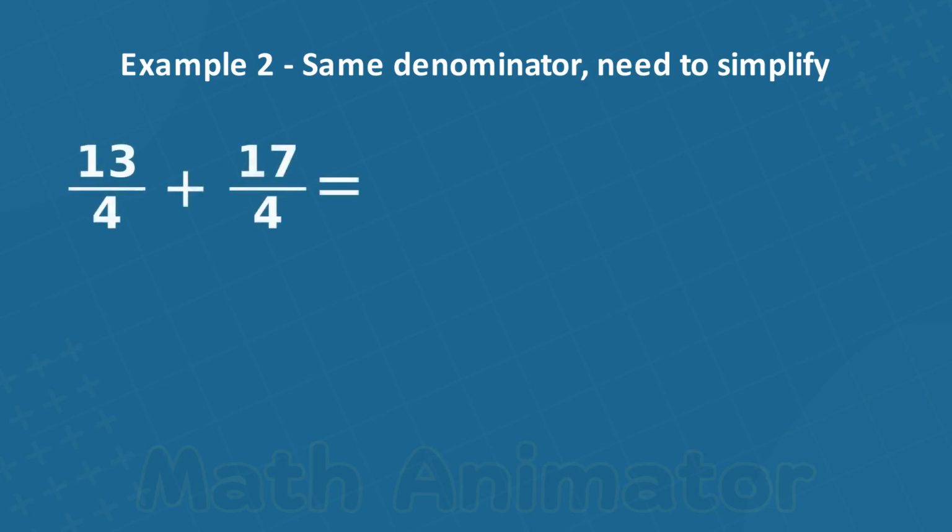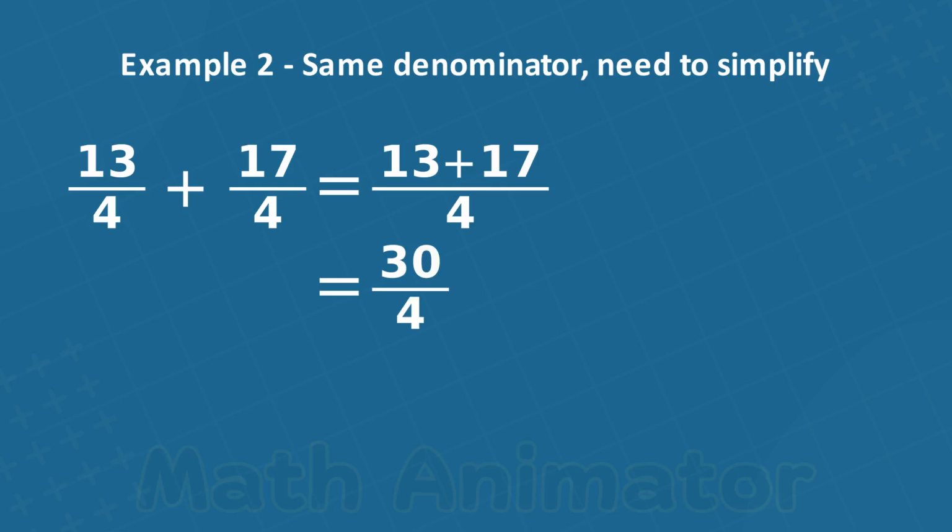Example 2. Find the sum of 13/4 and 17/4. The denominators are the same, so we keep the denominator 4. Then, add the numerators on the top. The sum becomes 30/4. However, the numerator and denominator have a common factor other than 1.